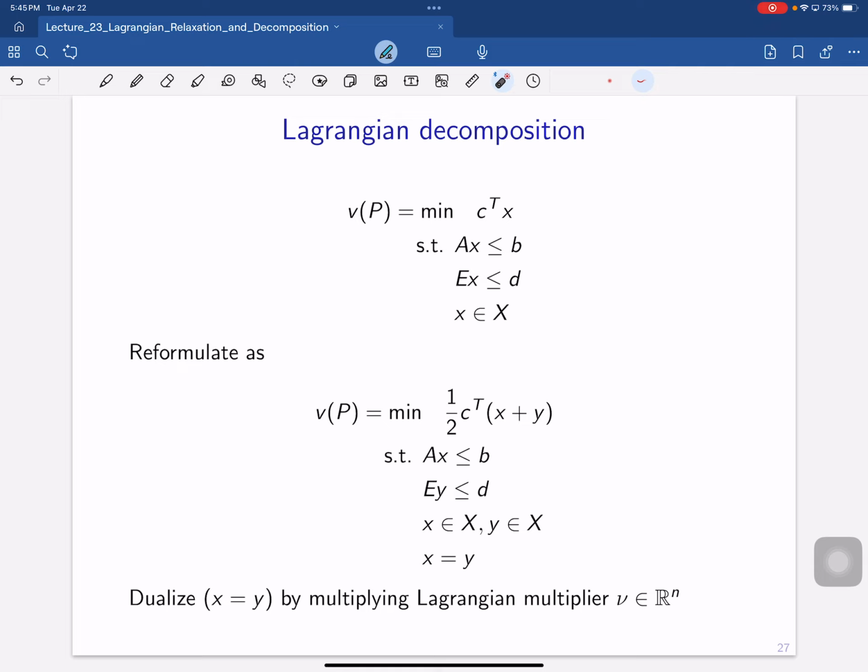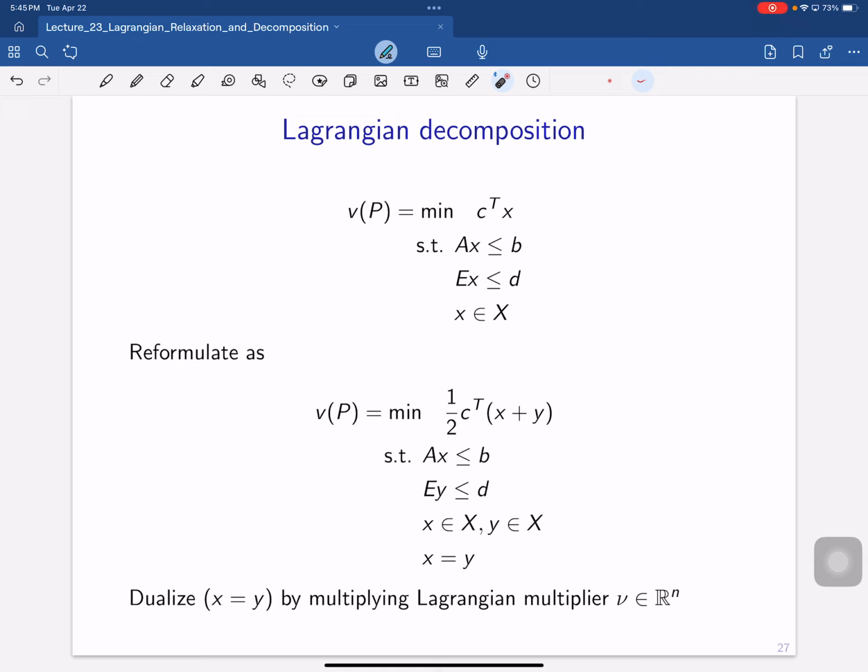So Lagrangian decomposition is a reformulation of the original problem, where instead of dualizing Ax ≤ b, we create a copy of x for the two blocks.